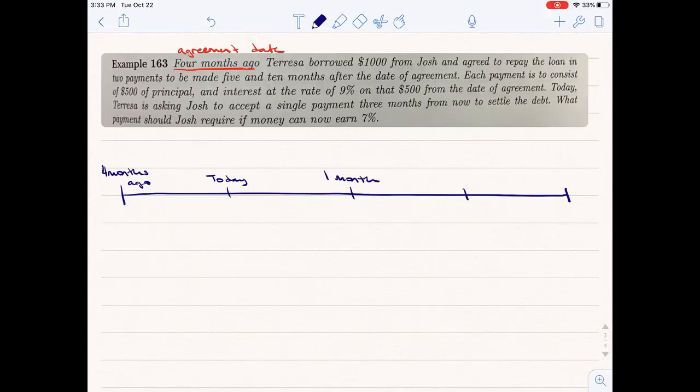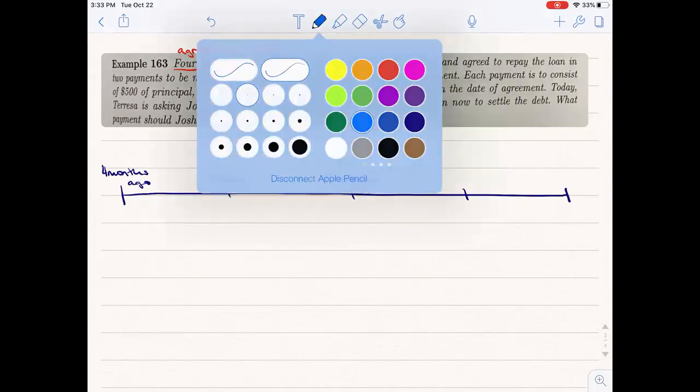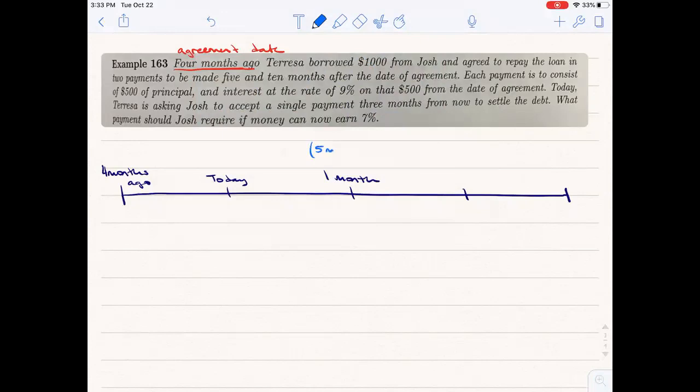So 1 month is what I'm going to put here, but over top, I'm going to put 5 months from agreement date. The agreement date is just whenever you borrowed money and agreed to pay it back at some point.